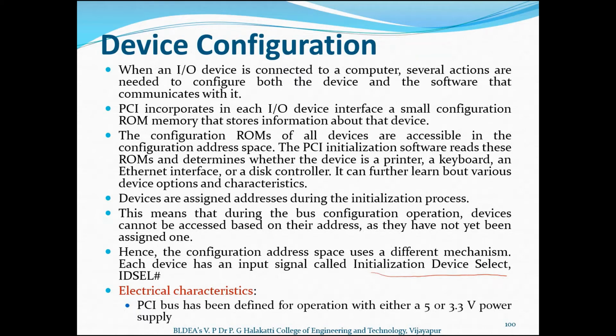If a device requires initialization, the initialization code is stored in a ROM, different from the configuration ROM in the device interface. The PCI software reads this code and executes it to perform the required initialization. As I have told earlier also, the PCI bus operates with either a 5 or 3.3 volt power supply.